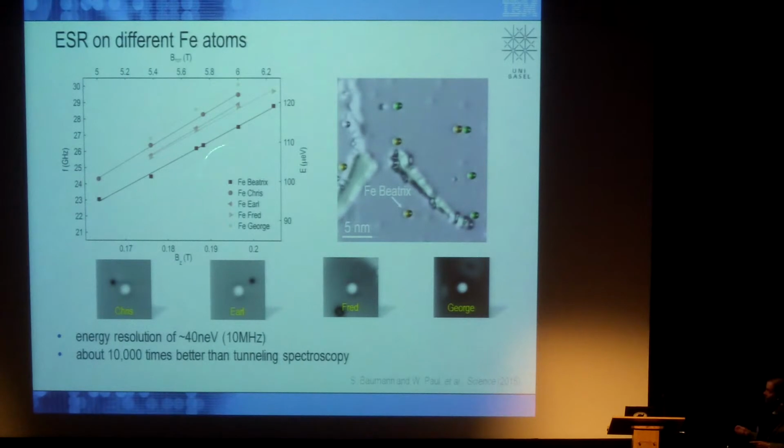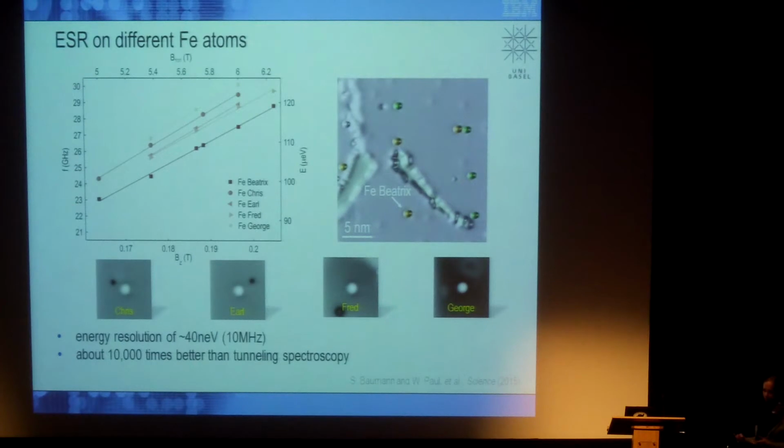Now, the difference between these lines would in conventional ESR come up as a line broadening, because you would take the average over all of these different atoms. Now here we can go to 1 and have a very good resolution. And it also improves the energy resolution of the STM tremendously.